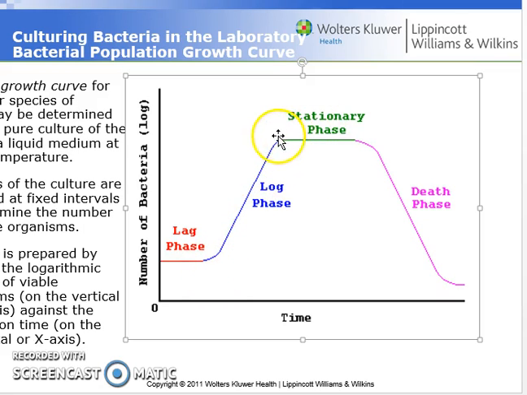In the log phase you're going to have massive replication, massive binary fission, replication of the DNA, and then the formation of a septum inside of the bacterial cell, causing the cell to split into 2. This continues until the species has met the particular incubation period that is optimal for it.